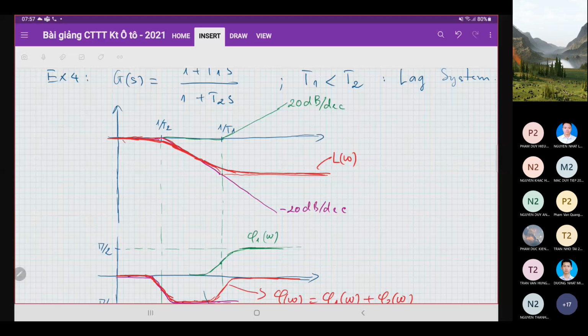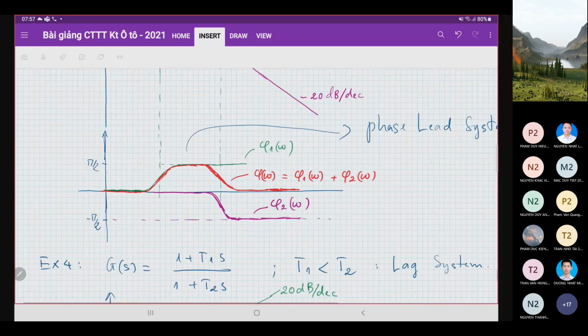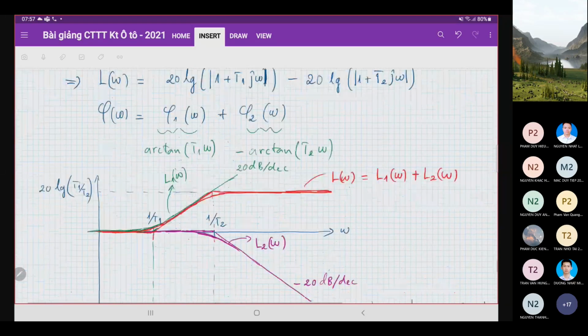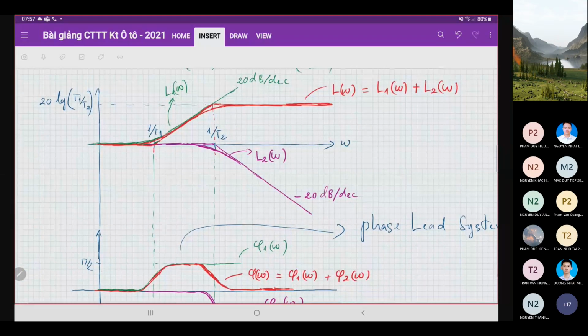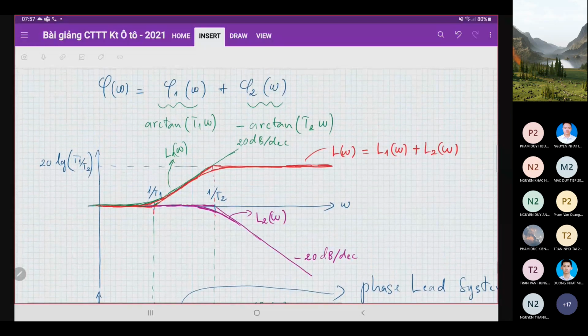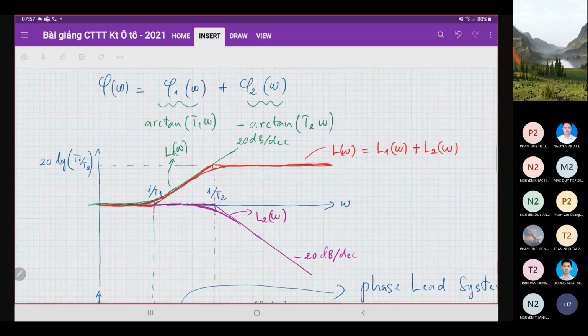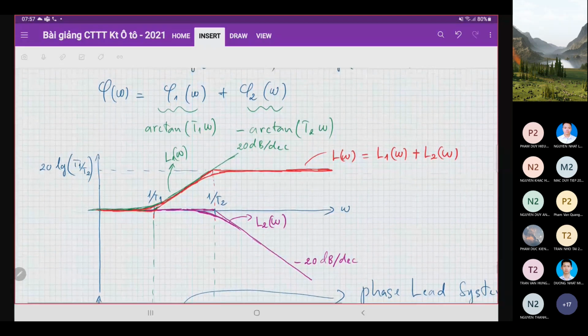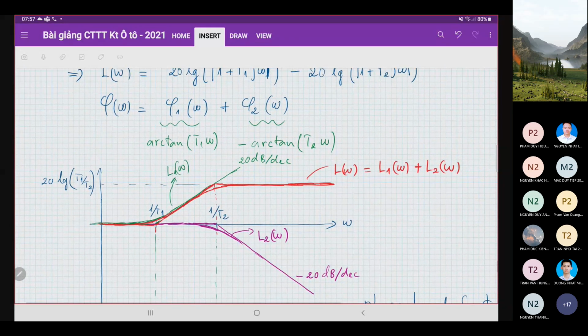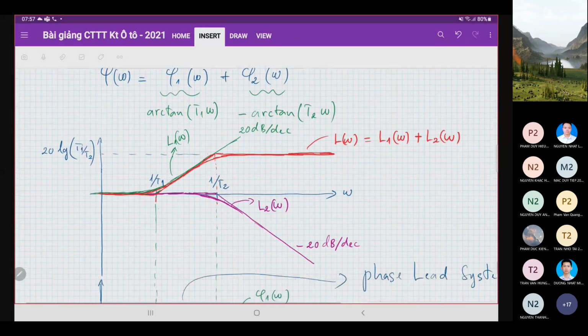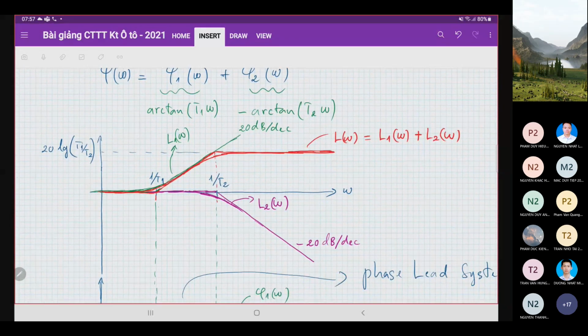And again, the gain is the magnitude of G j omega. You see here, for example, in this case at high frequency, the gain will be T1 over T2.